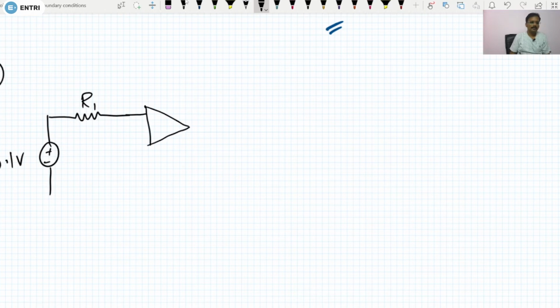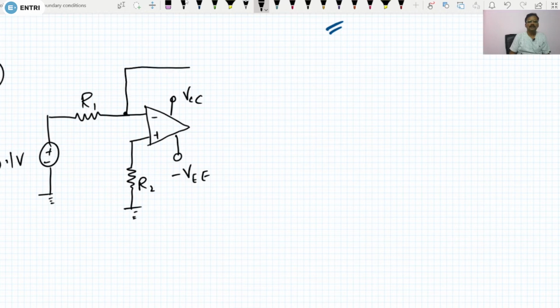Here this is the operational amplifier, this is minus, this is plus, and here you are having R2, and here you are having a minus VEE, and here having VCC, right? And here they have given the capacitor, and this is the output V out.